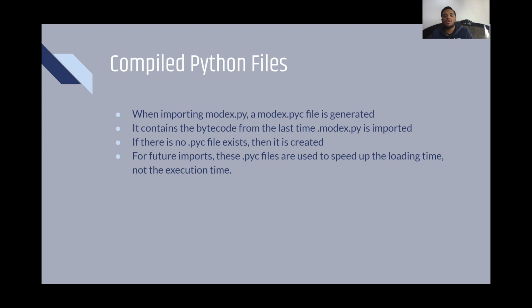For future imports, these .pyc files are used to speed up the load time, not the execution time. It doesn't have anything to do with the runtime of the code, or how efficient your code will be. So don't get confused between the load time and the execution time.